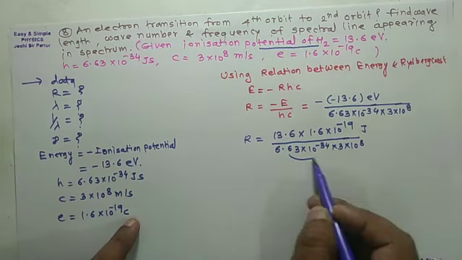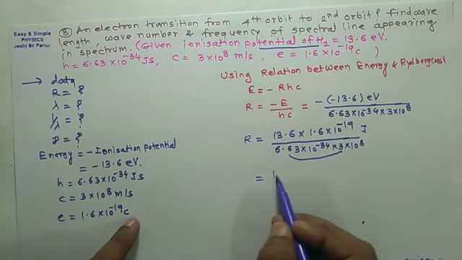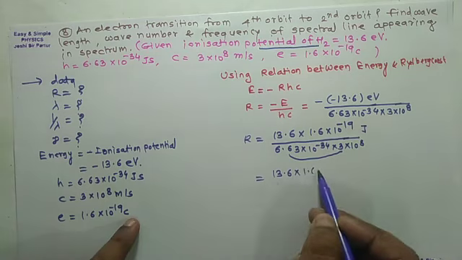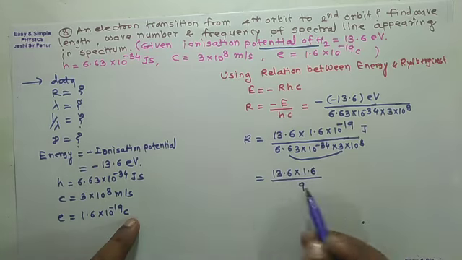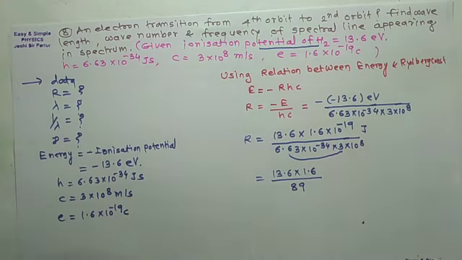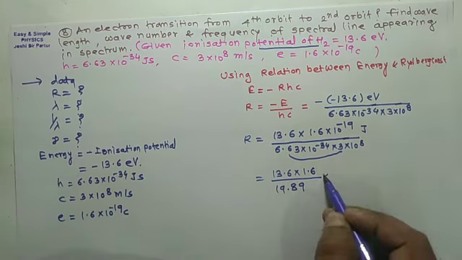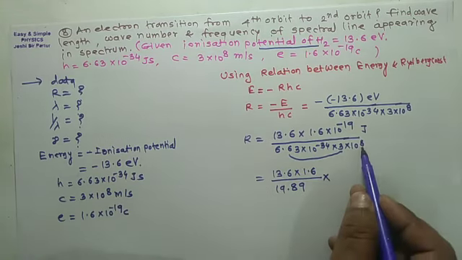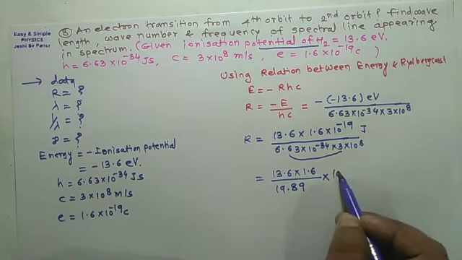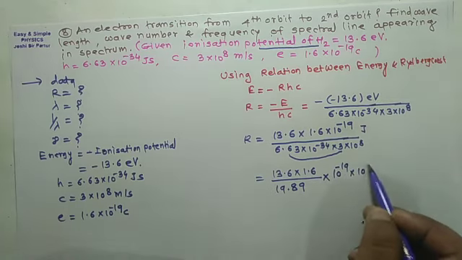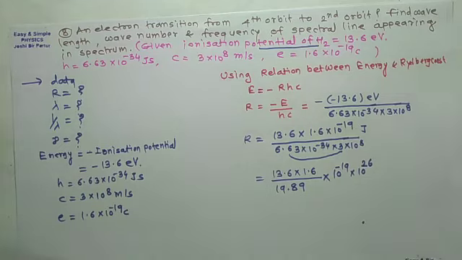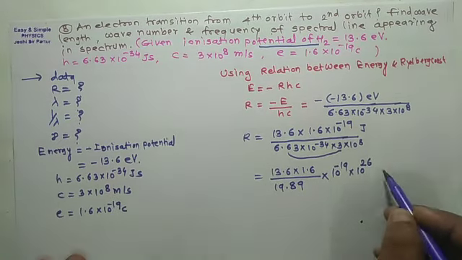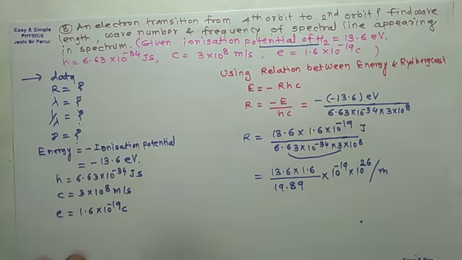So here if we multiply, we can write as 13.6 into 1.6 divided by 3 3 the 9, 6 3 the 18, 1 is remaining, 6 3 the 18 and 1 19.89 into 10 raised to minus 26. If 10 raised to minus 26 is in the denominator, it is plus 26 on the numerator. So here R is in per meter. So we can take logarithm.